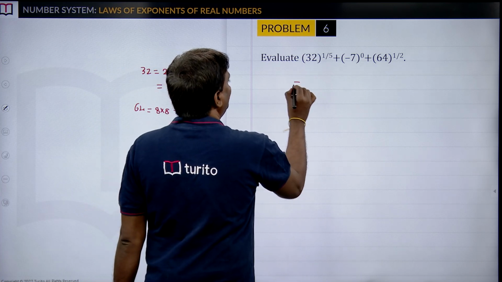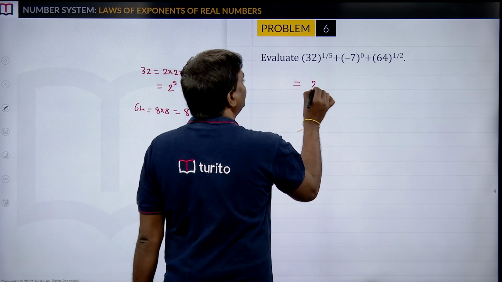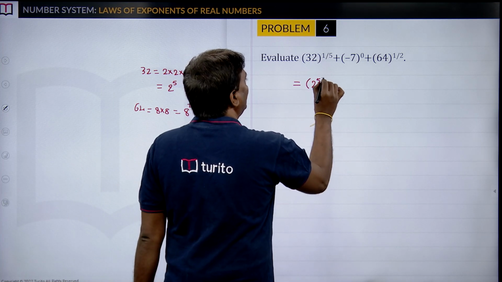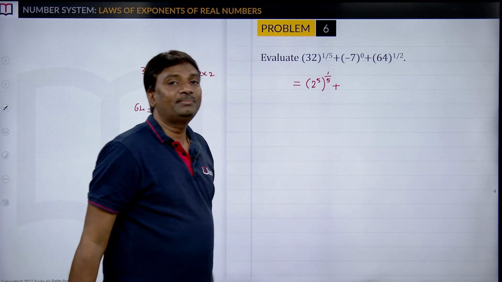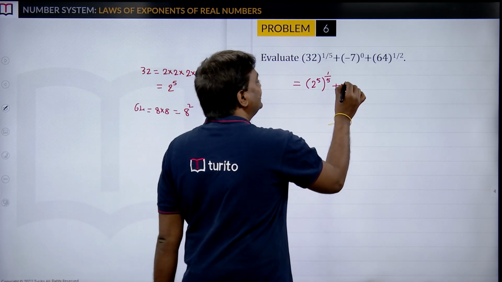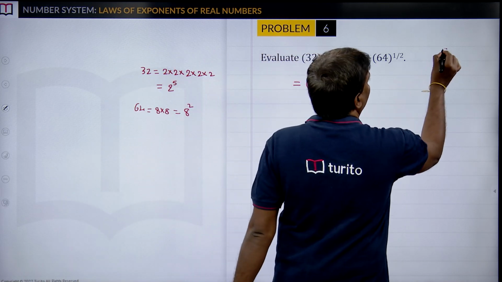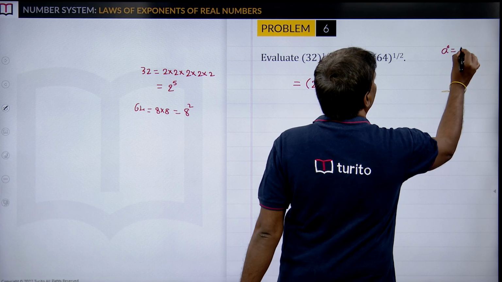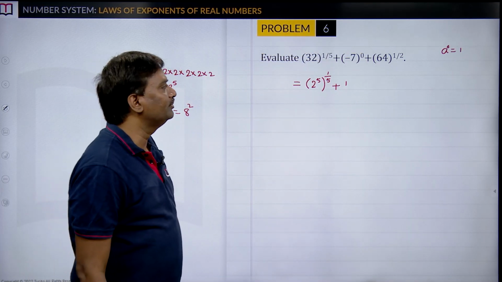32 power 1 by 5. In place of 32 I am writing 2 power 5 power 1 by 5, plus minus 7 power 0 is 1. Why? Whatever the base may be except 0, if the power is 0, then the value is 1. So a power 0 equal to 1.